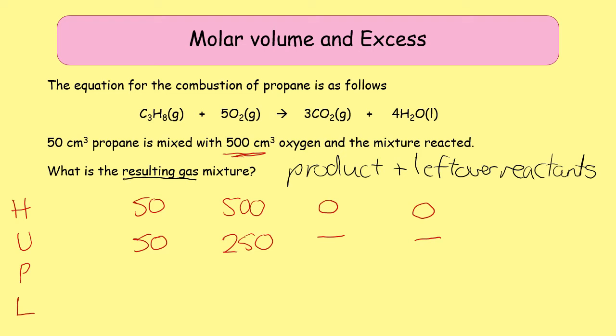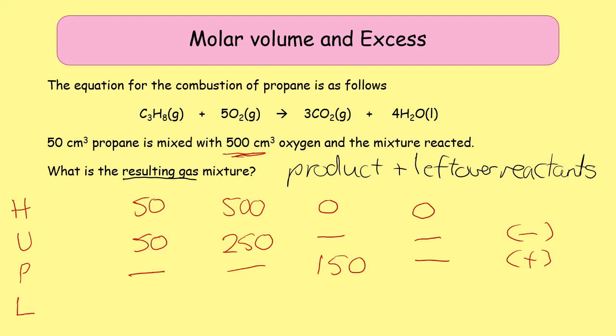Now, in terms of produced, well, no reactants ever get produced. If we use 50 here, it's a 1 to 3 ratio, so we're going to have 150 produced here, and that's a liquid, so we're not going to produce any gas. Now, how we work it out is we have this, we take away these numbers, and we add these numbers on.